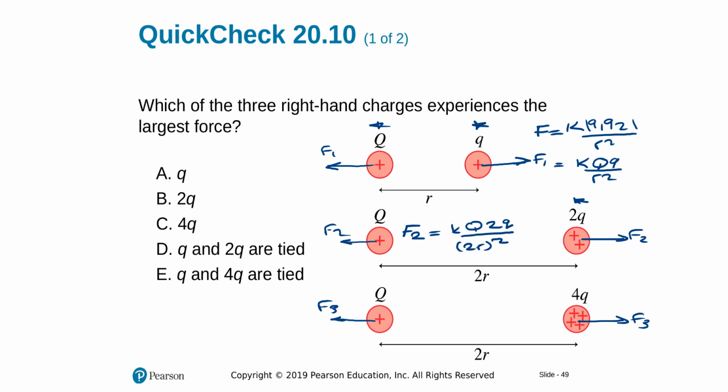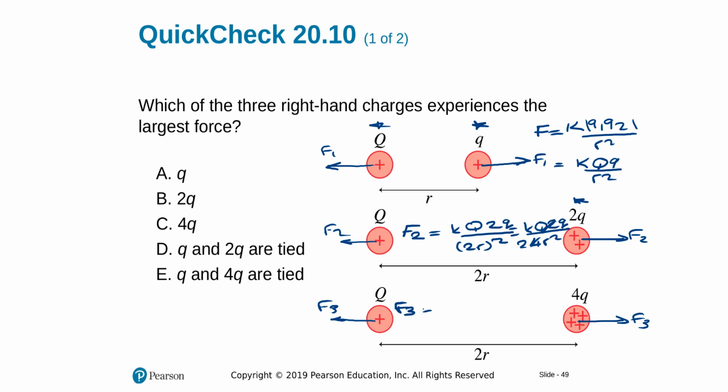All of this should be squared. Keep that in mind, a common mistake. So you will have here K, capital Q, 2Q, divided by 4r squared. And this will be divided by 2. So this second force is smaller than first, right? We have K, capital Q, Q over 2r squared after that.